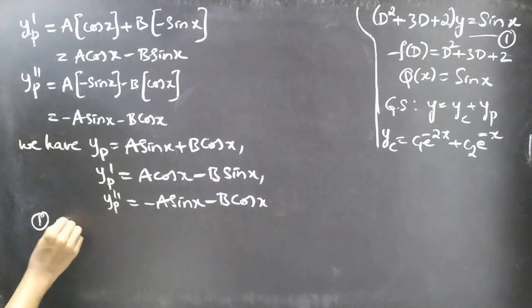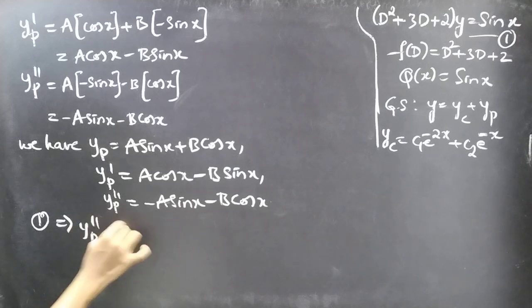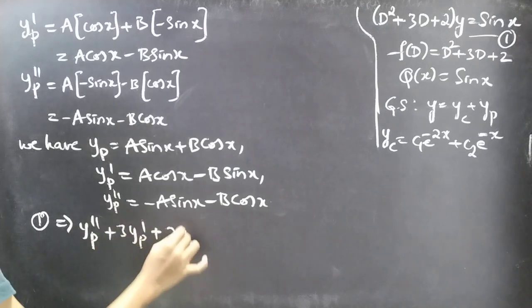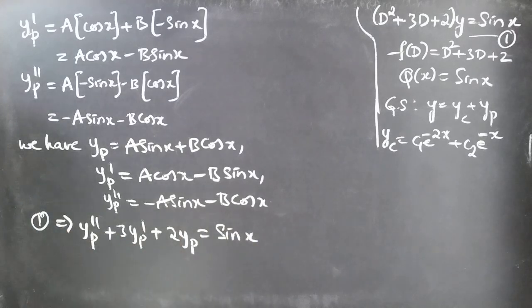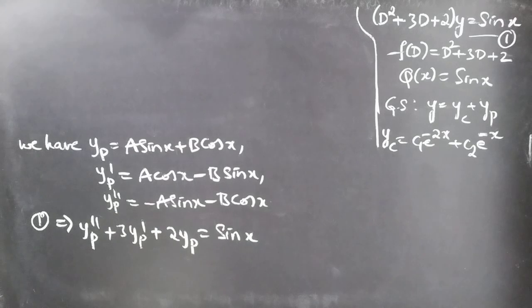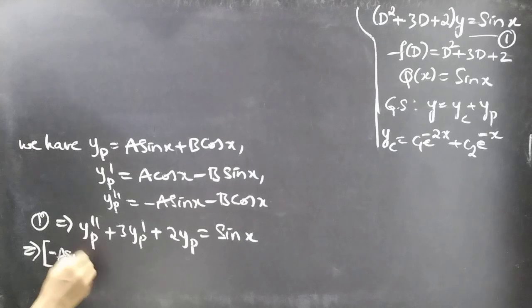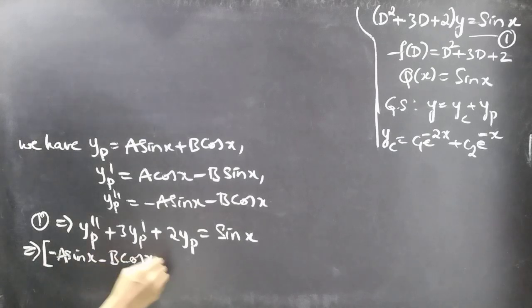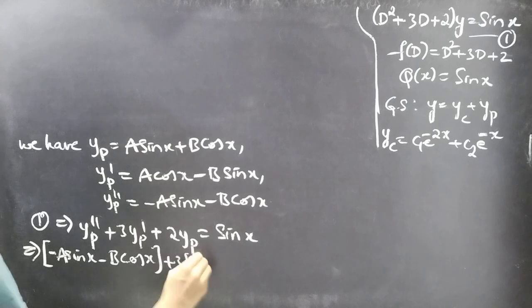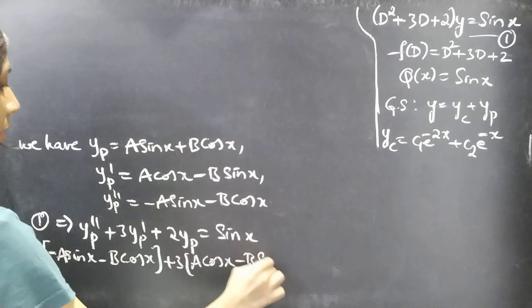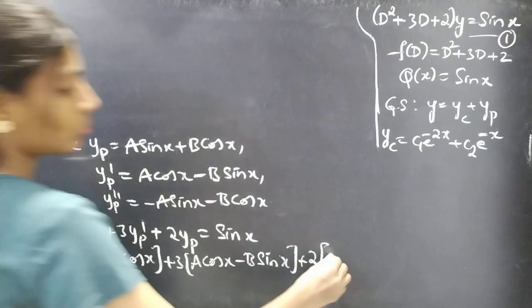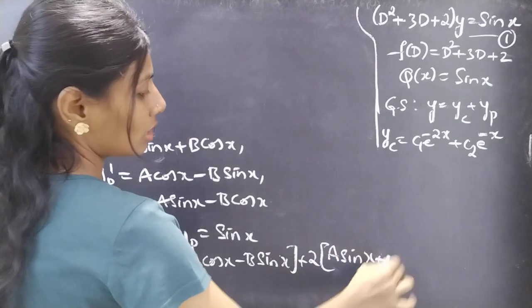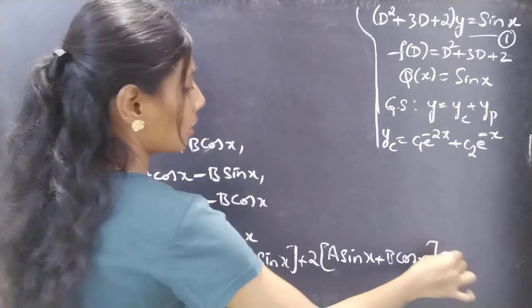We can write equation 1 as yp double dash plus 3yp dash plus 2yp equal to sin x. Now substitute yp dash and yp double dash in it. Yp double dash is minus a sin x minus b cos x plus 3 times yp dash, a cos x minus b sin x, plus 2 times yp, a sin x plus b cos x, equal to the RHS part sin x.